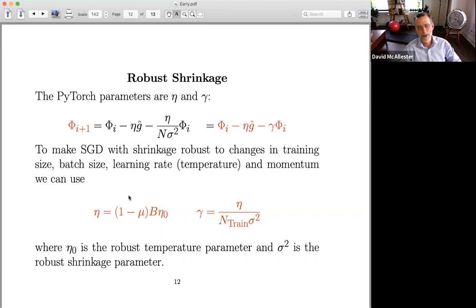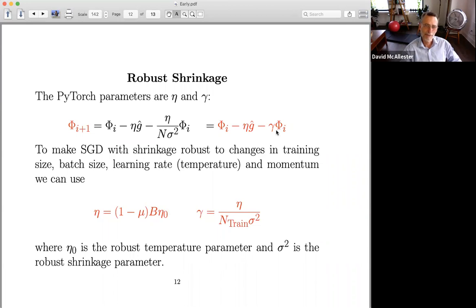And we've already argued that the right learning rate in vanilla SGD, if you want to be robust to changes in the momentum parameter and in the batch size, is given by this formula, where this is some kind of universal temperature parameter. Under this assignment of eta, this is defining the temperature.